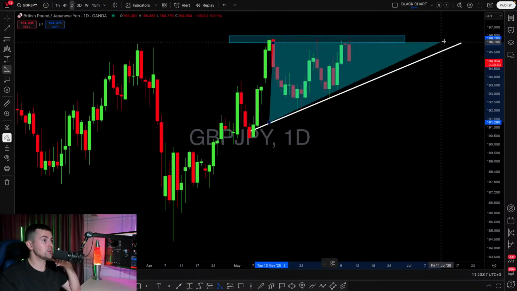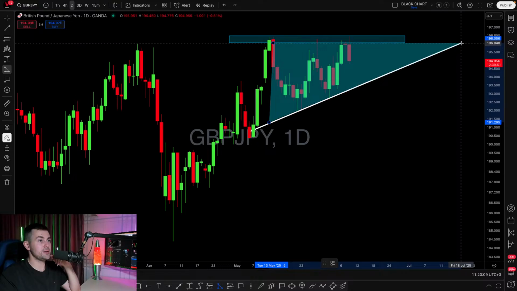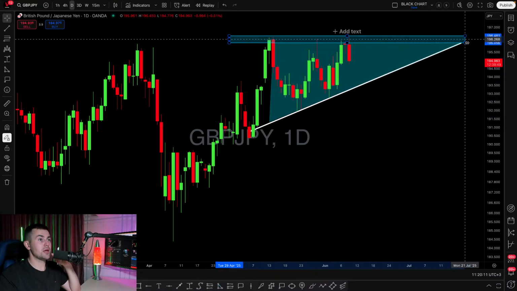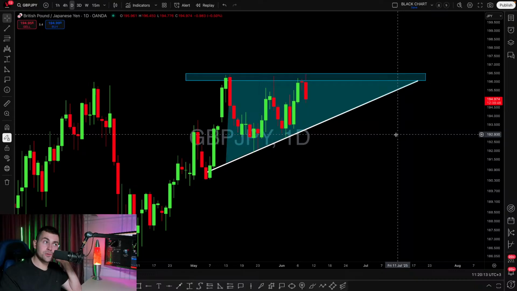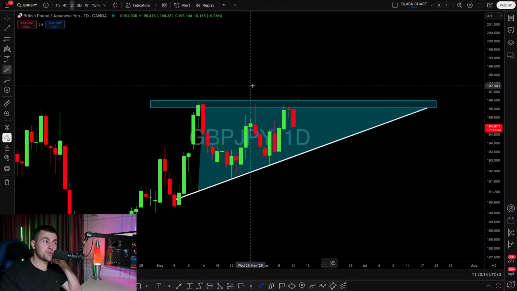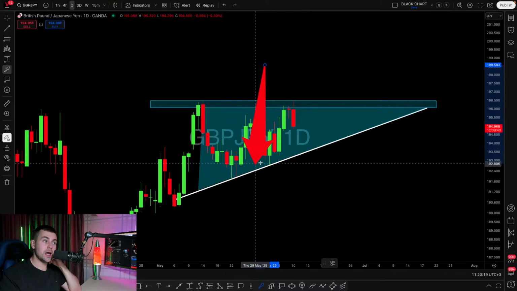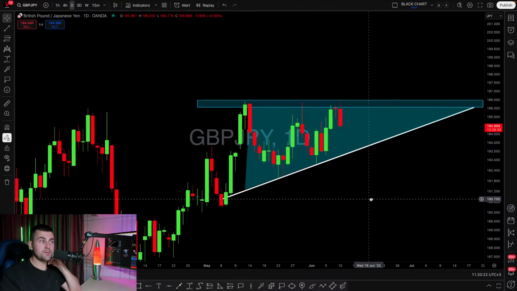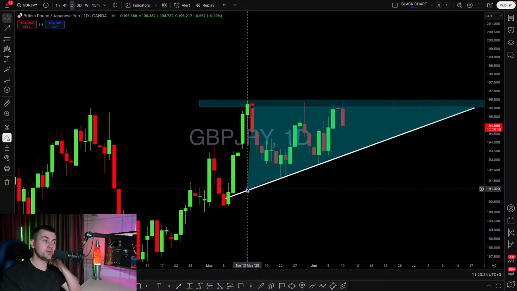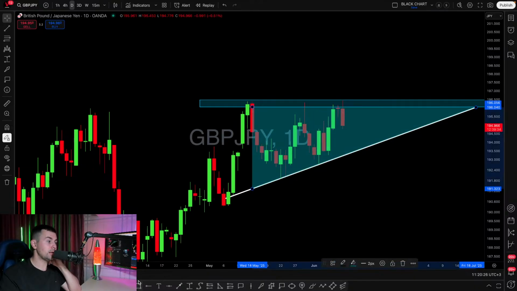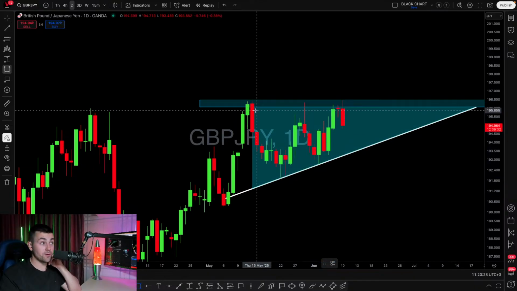That pattern also is called the ascending triangle. That pattern has a very strict structure with the formation of a sequence of equal highs and higher lows. This pattern signifies the accumulation of buying volumes, and the weakness of the sellers.